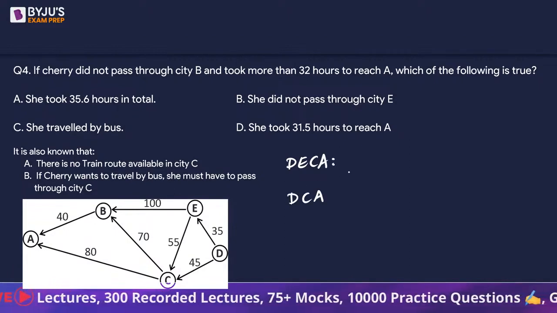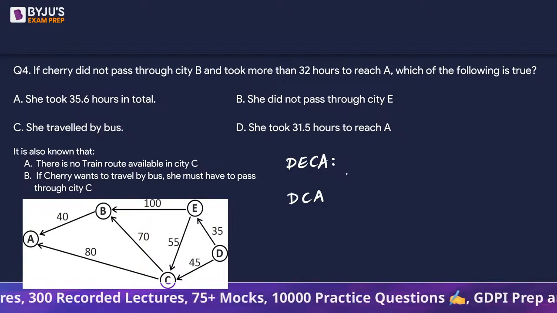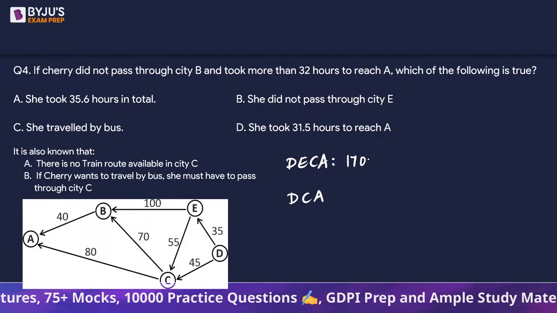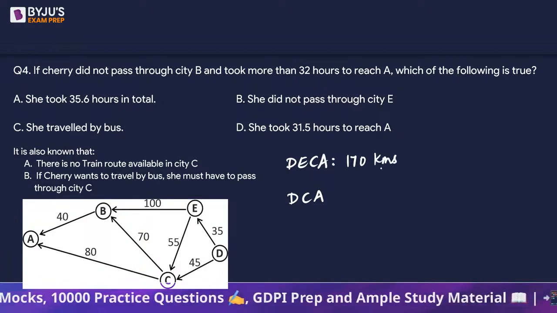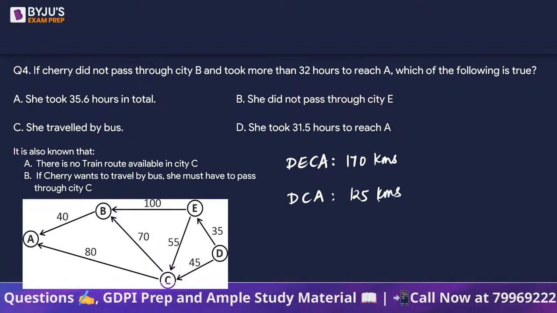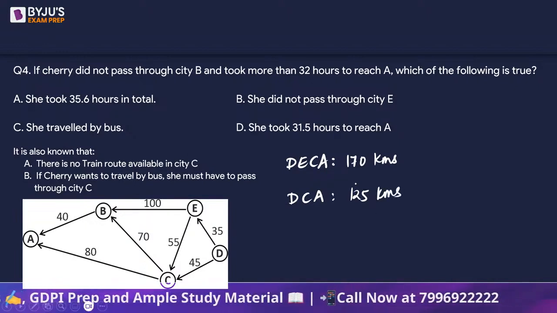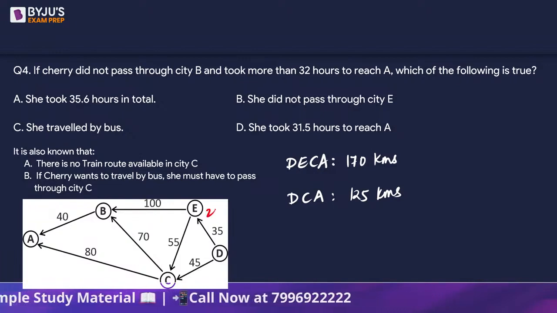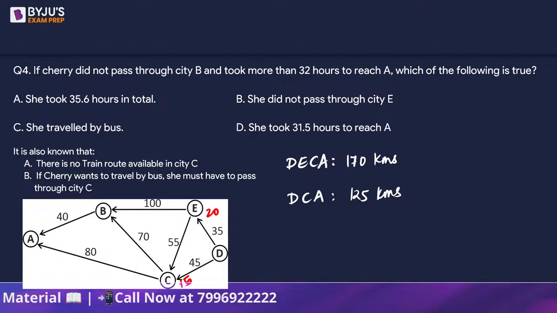Now DECA is a total of 170 kilometers, while DCA is 125 kilometers, right? And the timings were 20 minutes here and 15 minutes here. So we will add those timings.